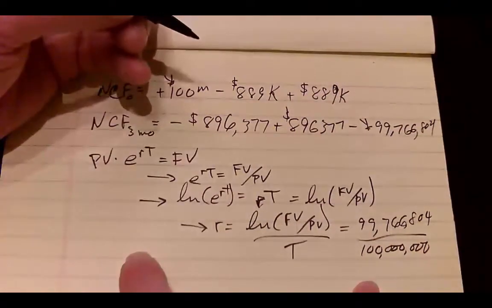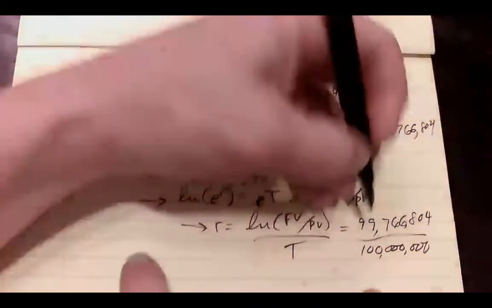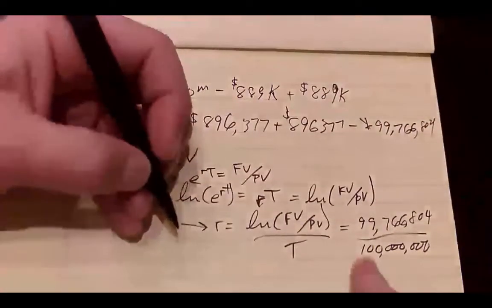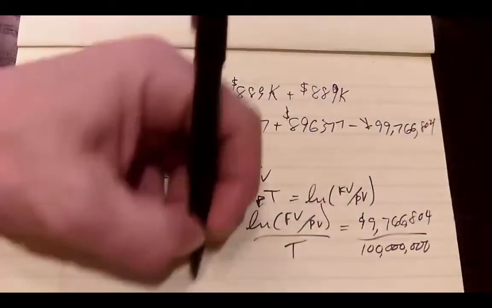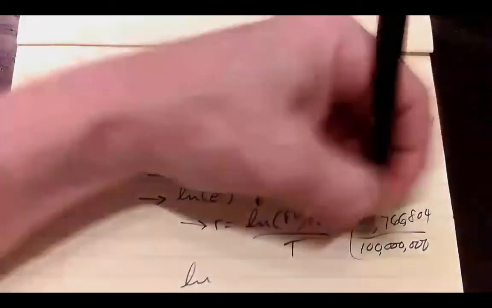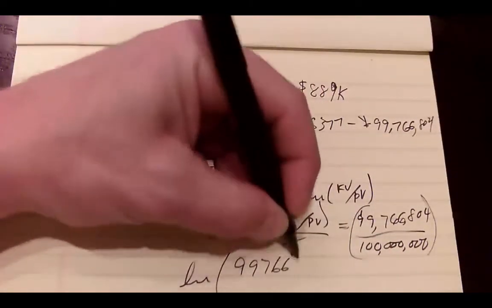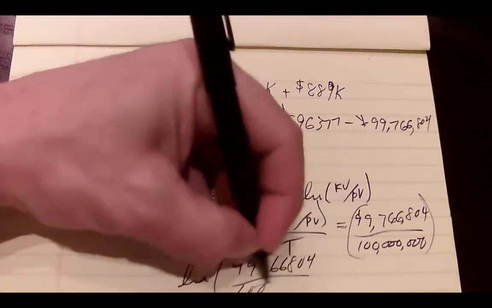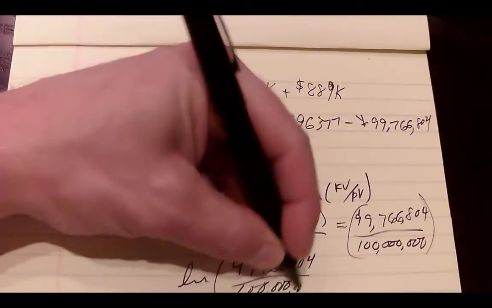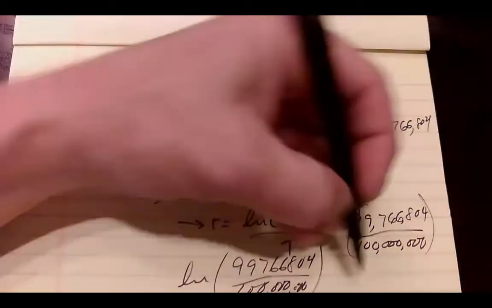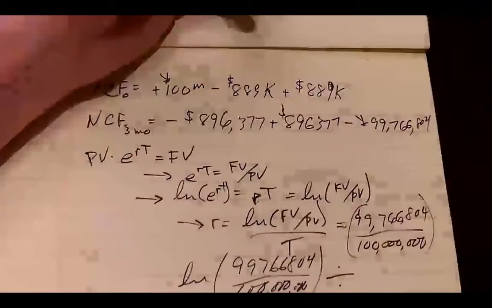Okay, that's future value. I should write that down. Anyways, natural log of that, 99,766,804 over 100 million. Okay, and then we said divided by t, so divided by, what was t? 3/12?